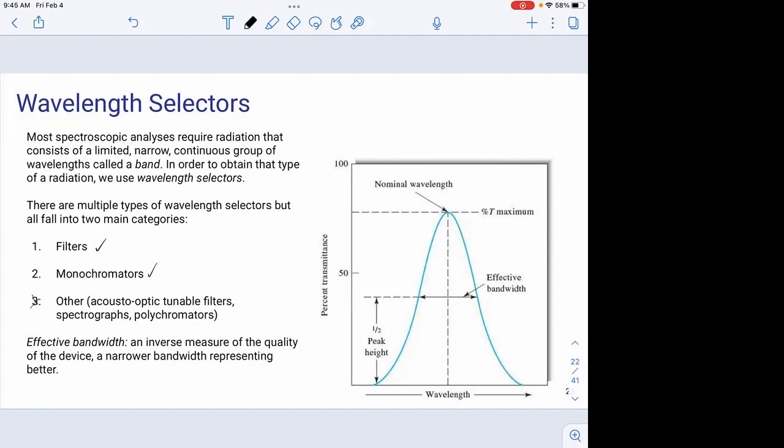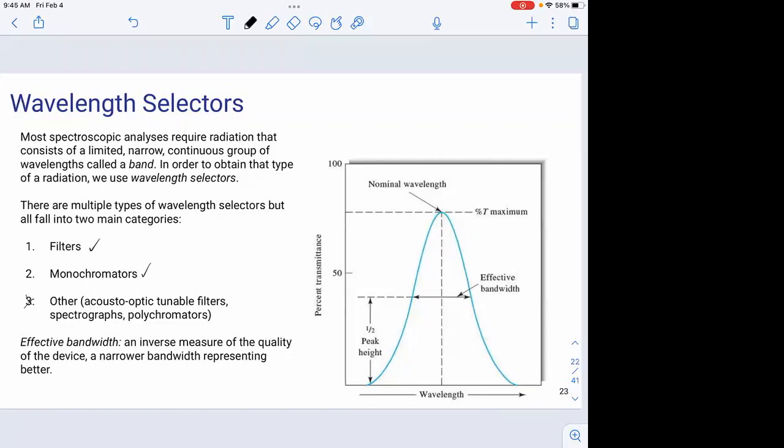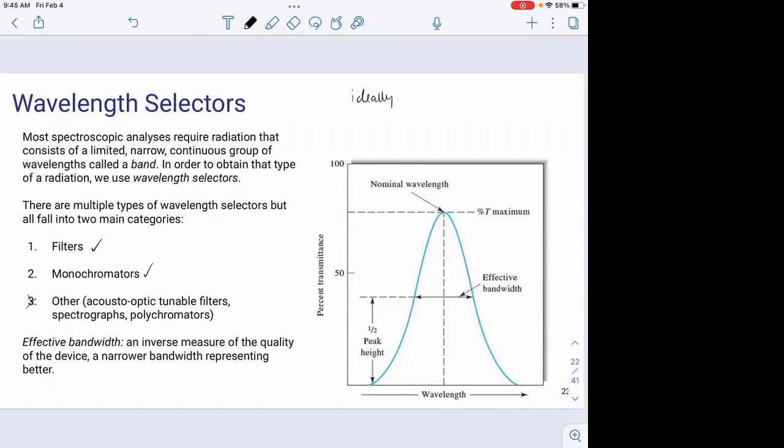Okay, so ideally, in a wavelength selector, you want three main qualities. You want to pass a narrow, limited band of wavelengths. So look at this plot over on the right. We're talking about percent transmittance of light through an optical filter. So our first criterion is that we want a narrow band of transmitted light.